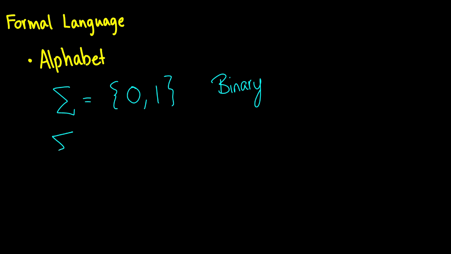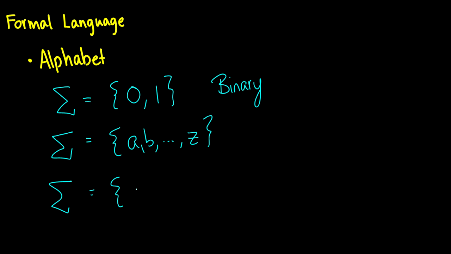But perhaps if you are writing English words, you want all the letters up to Z in your alphabet. And perhaps you really only want to work in vowels because you don't like consonants. So you have A, E, I, O, U, and maybe you really love the Greek letter phi, so you throw that in there too. You can define an alphabet however you want.